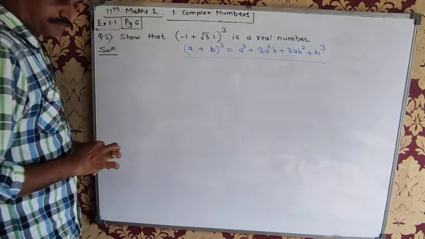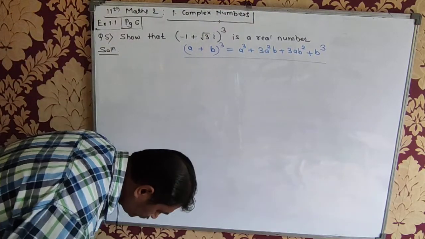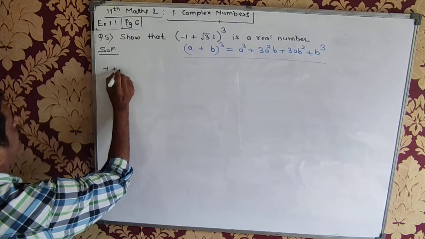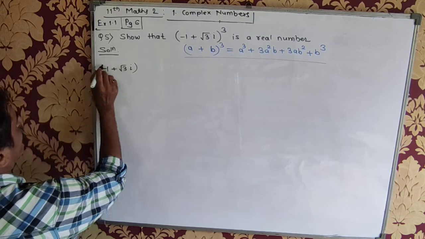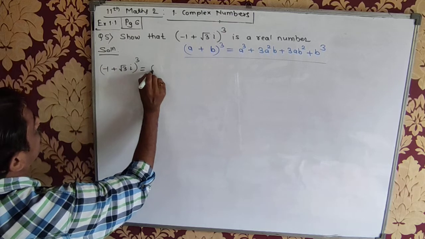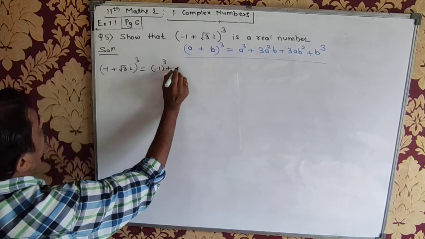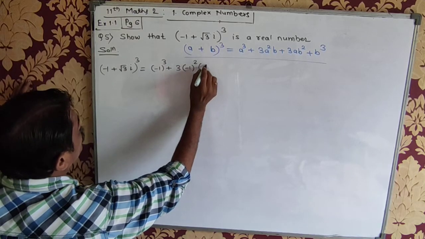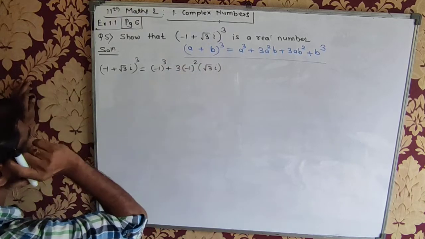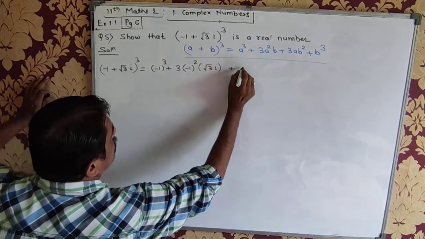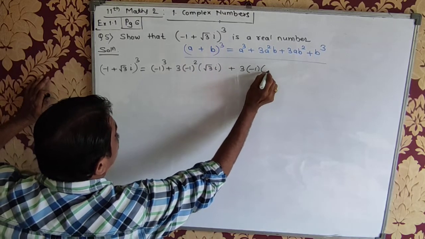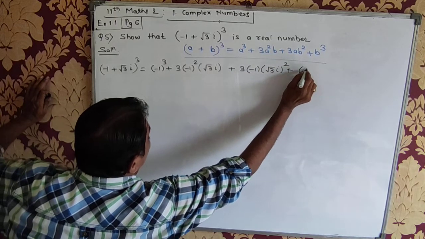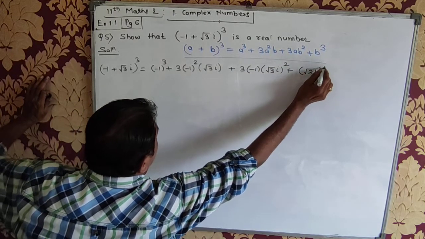What will it be? Minus 1 plus root 3i bracket cube is minus 1 cube plus 3 into minus 1 square into root 3i. Plus 3 into minus 1 into root 3i square. Correct? Plus root 3i cube.